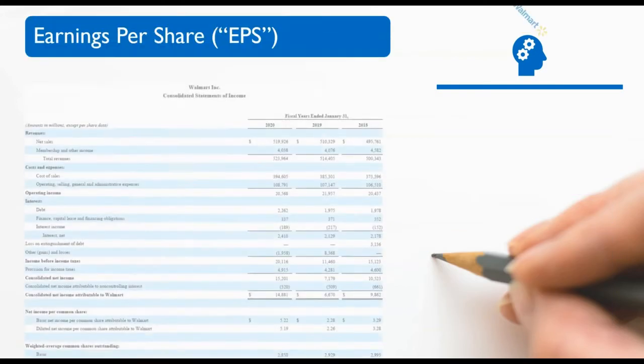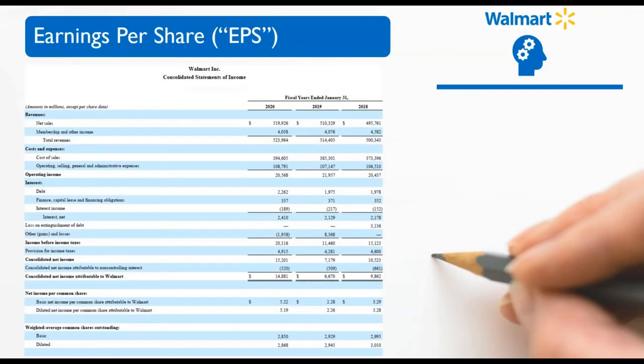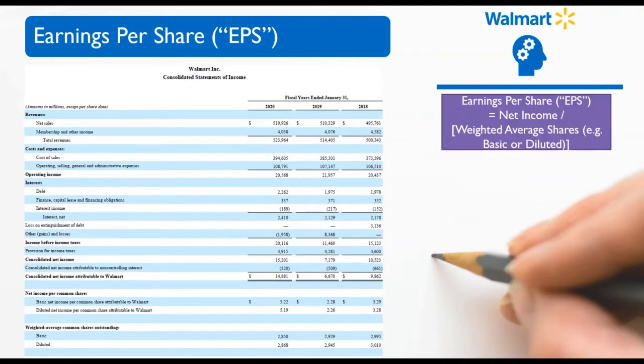Now let's move on to Walmart. On this slide, we'll calculate basic and diluted earnings per share for Walmart. Again, we'll use the same formula, which is net income divided by the weighted average shares. And we'll notice that Walmart had net income of around $14.9 billion for fiscal 2020.